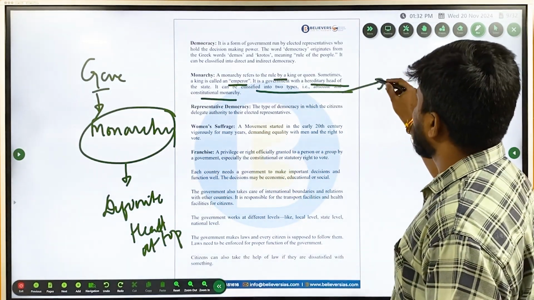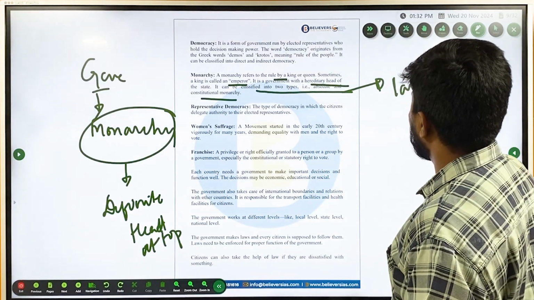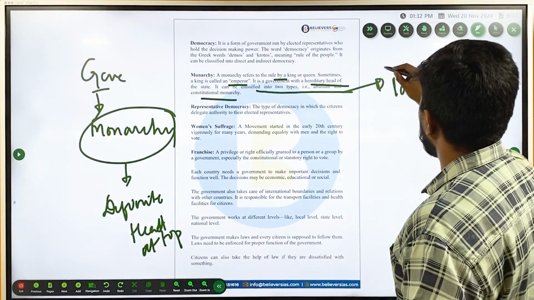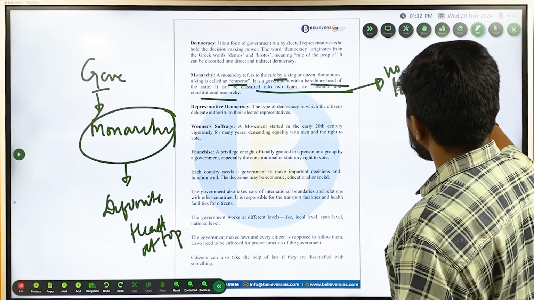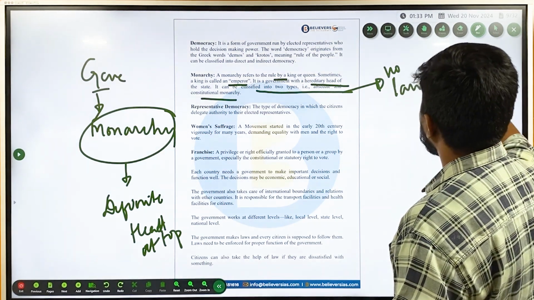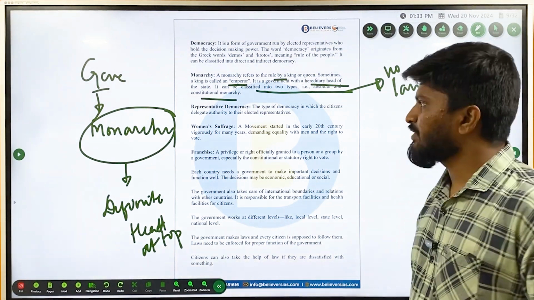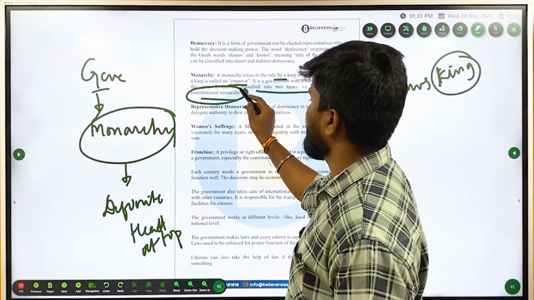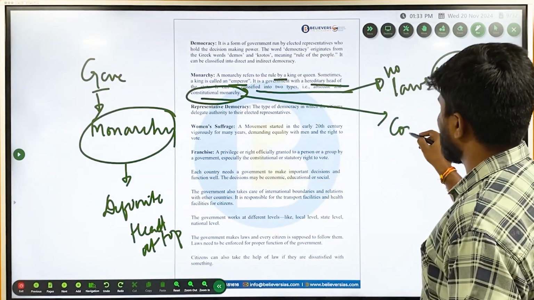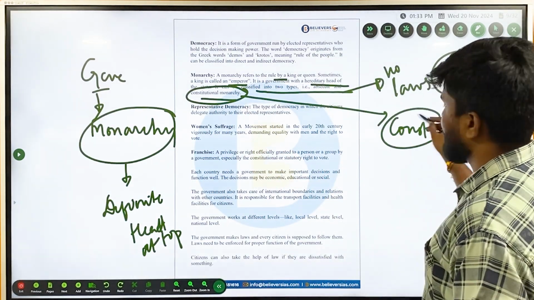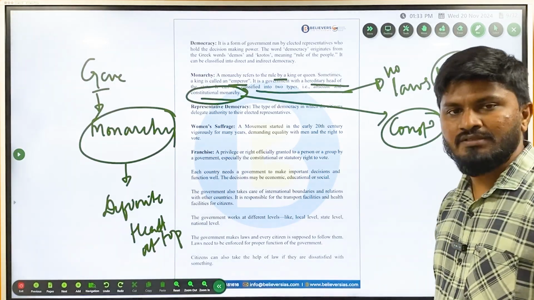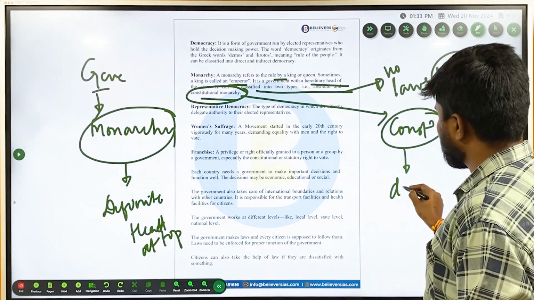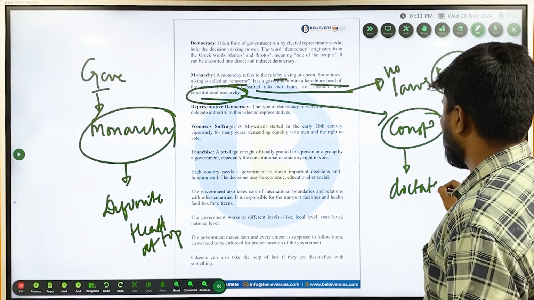In absolute monarchy, there are no laws binding the king. The king is absolute. He can use any of the powers required by him. Another is constitutional monarchy, in which there is a constitution which checks deviant behavior and dictates the behavior of the king.